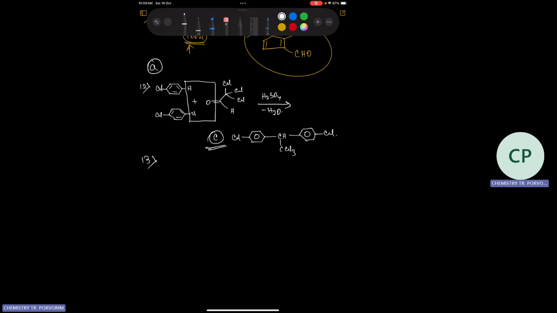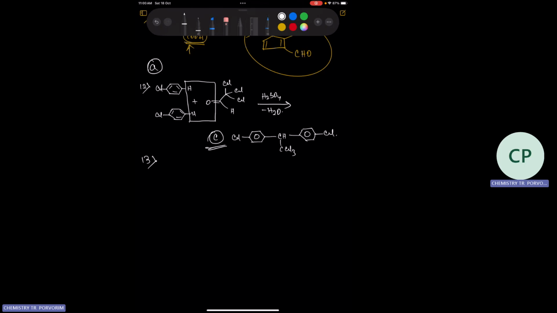So sodium borohydride and hydrogen nickel: this can also do alkane, as well as this can also do basically alcohol. Hydrogen and nickel are basically doing alcohol, and CH2CHO basically.